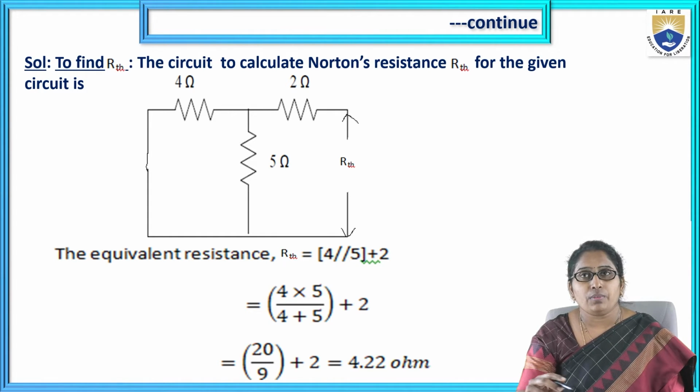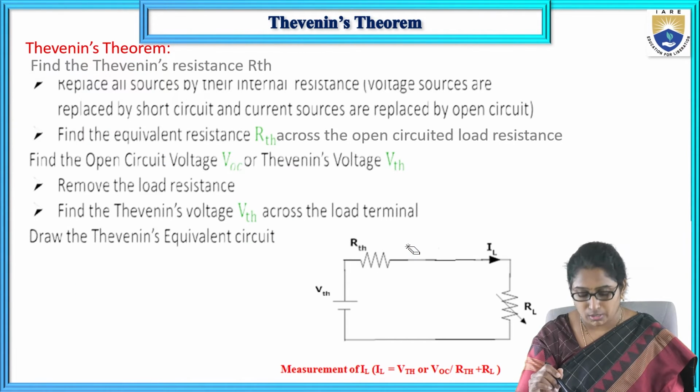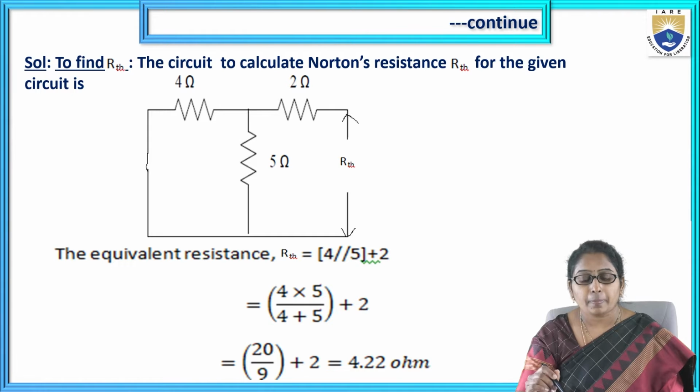So from the given circuit, this is the given circuit here, and in this the voltage source is replaced with a short circuit and remove this RL. This is the element where we want to find the current. So here remove this and here find the RTH. So this is the circuit, right?